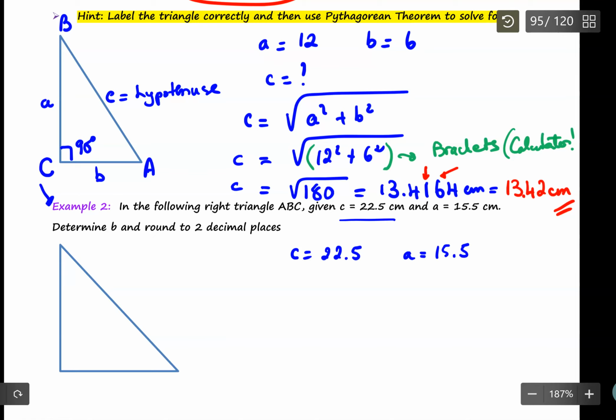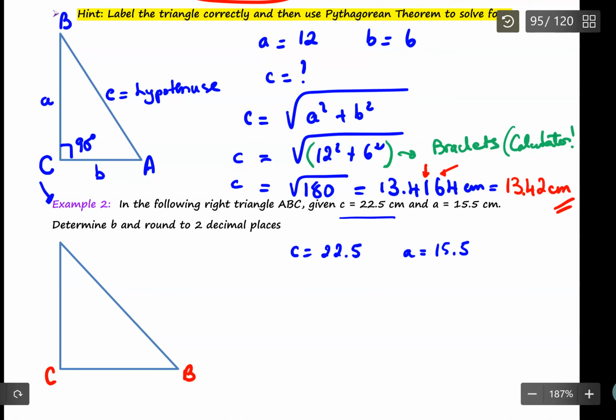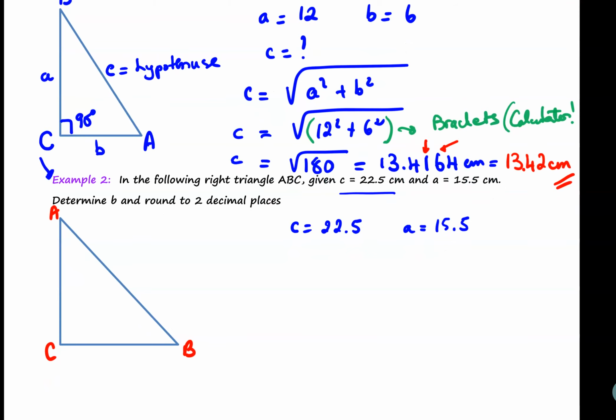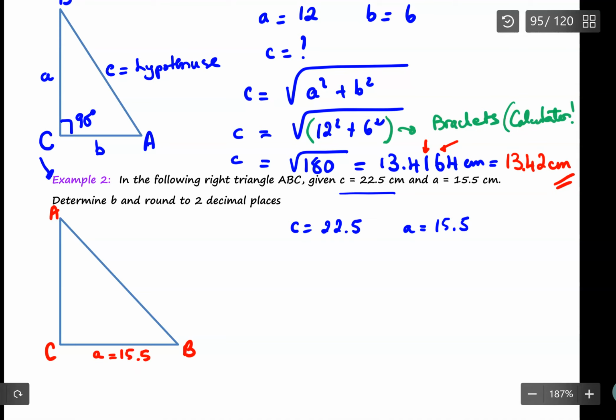What you need to remember is that we need to label the triangle, and we need to label it correctly. So in this case, I will label this angle B, and I label this angle A. As long as opposite to A is the small letter a, and it's equal to 15.5.